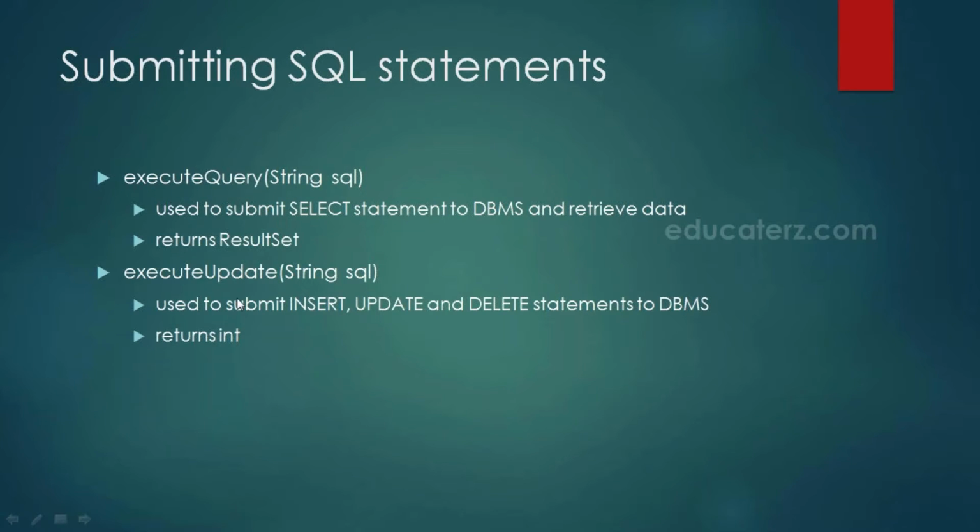Similarly, execute update is used when we want to insert, update or delete some data. The return type of execute update is integer, which represents the number of rows affected by the SQL statement.